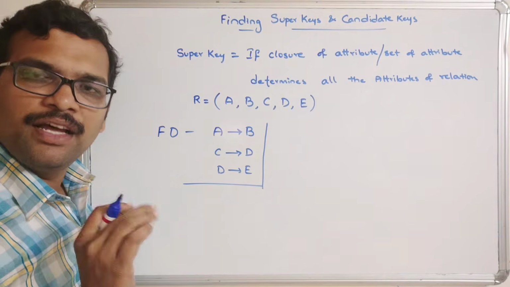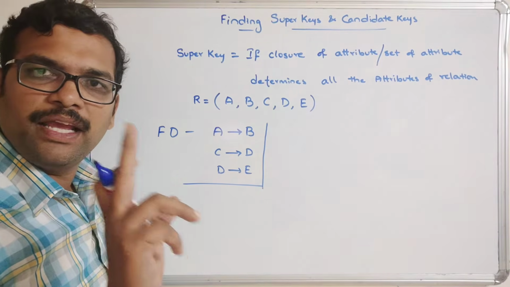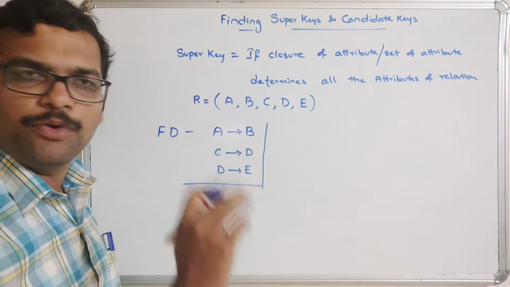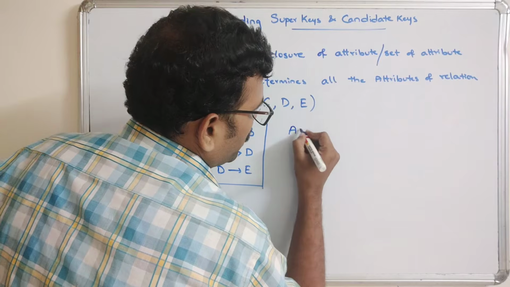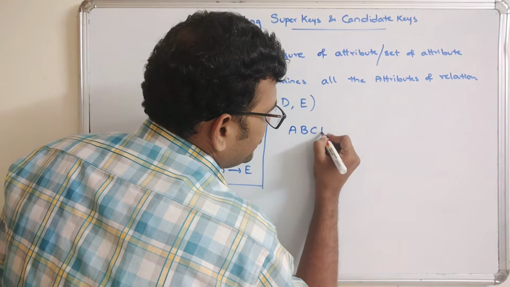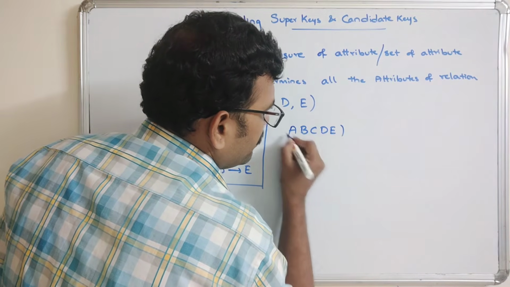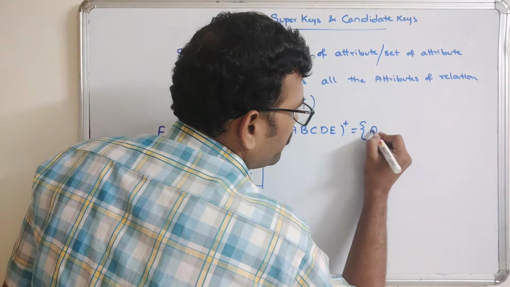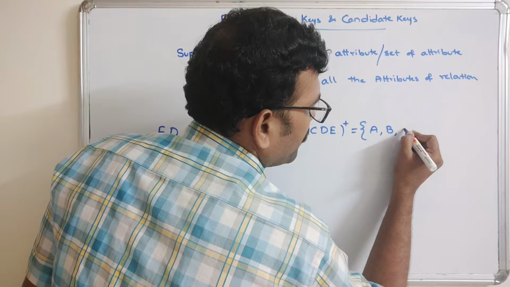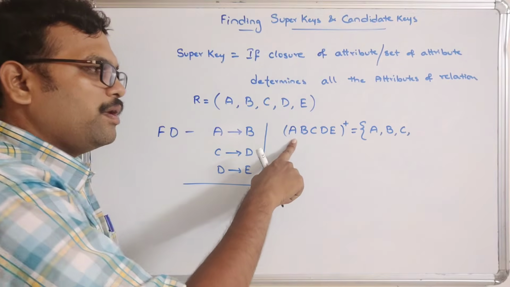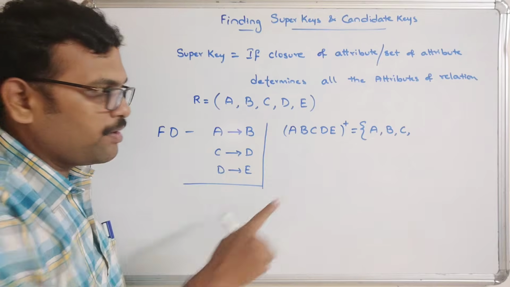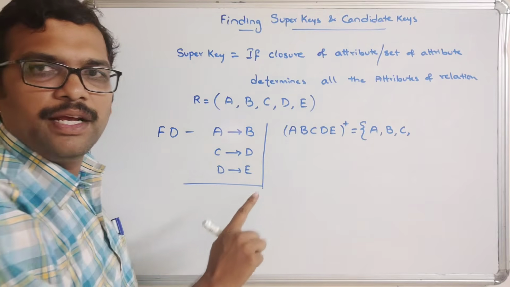Now we need to find the super keys. One super key for any relation is the closure of all the attributes. So I will write that one: A, B, C, D, E. The closure of all the attributes will obviously be the super key, because the closure of A will have A in the resultant set, and the closure of B will have B in the resultant set.